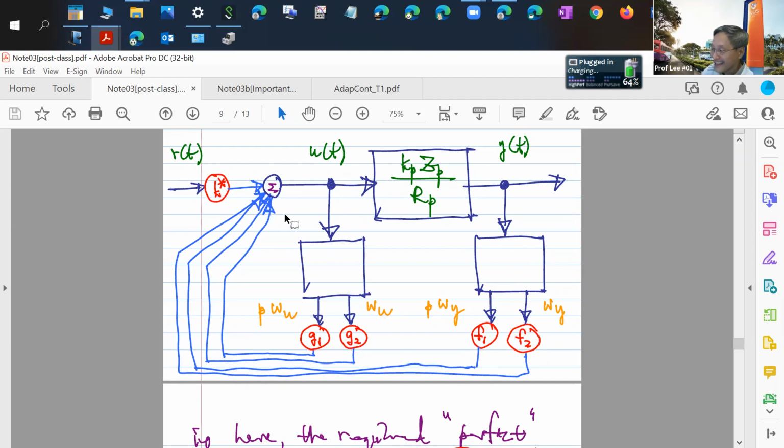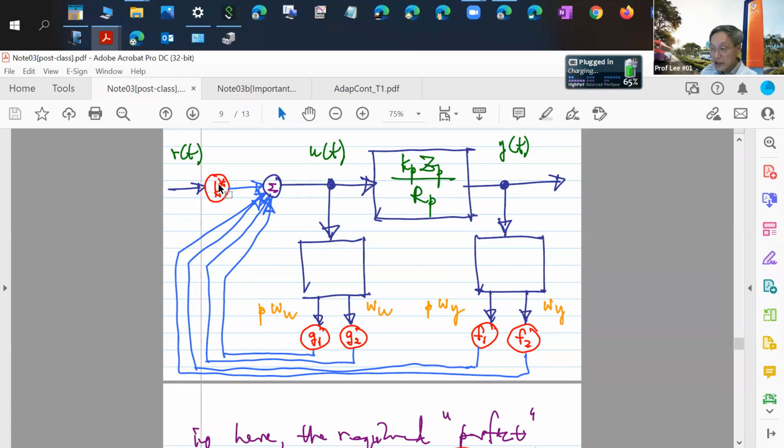Then you take R and put K star. As I remind you, these perfect numbers, they exist. If you knew exactly what KP is, all the numbers in your zero polynomial, all the numbers in your pole polynomial, if you knew all these things exactly, you can reverse calculate exactly what is F1, what is F2, what is G1, what is G2, and what is K star.